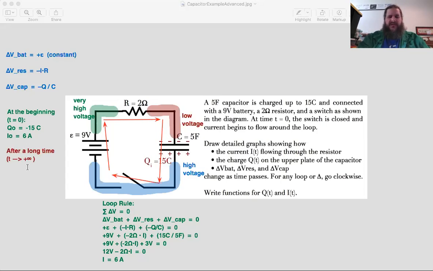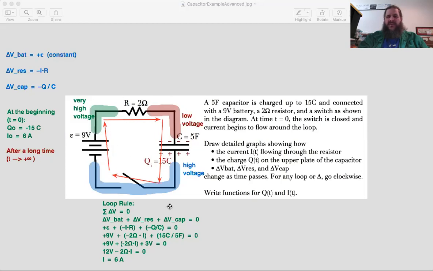As t approaches positive infinity, we want to know eventually, after a long time, how much charge is on the capacitor when it's full, and also how much current is flowing. If we wait for long enough, though, what should we expect the current to eventually be? Yeah, the current is going to approach zero, because we should expect eventually this will reach a steady state equilibrium, or at least approach a steady state equilibrium where the capacitor is as full as it's going to get.